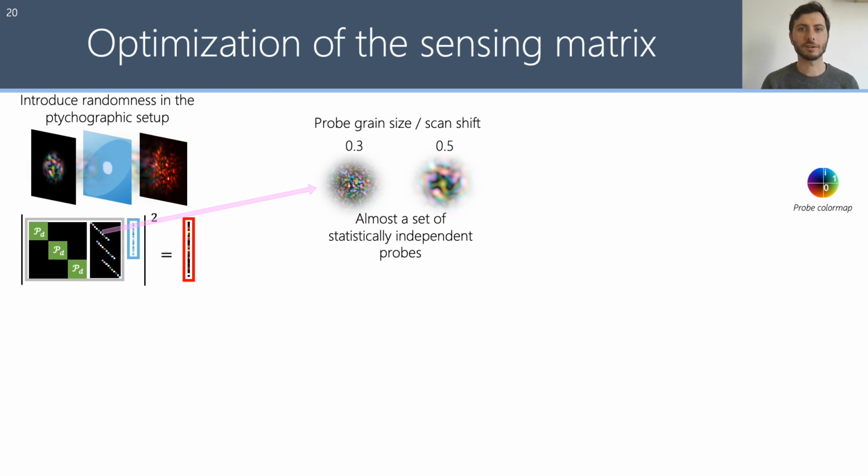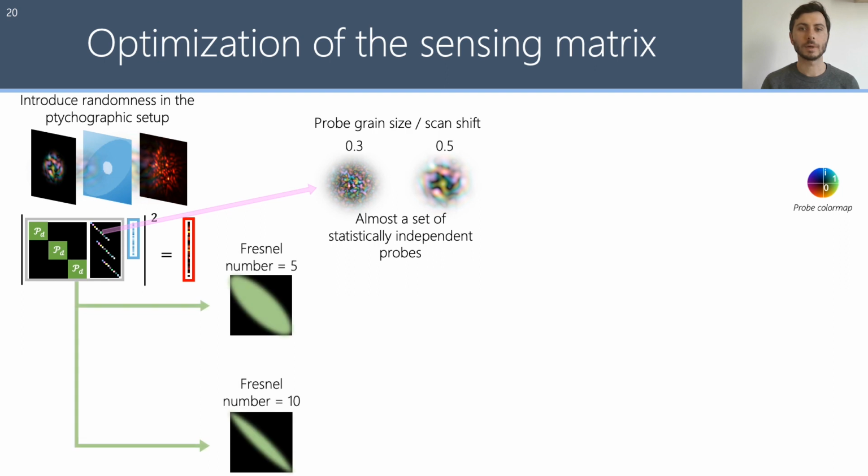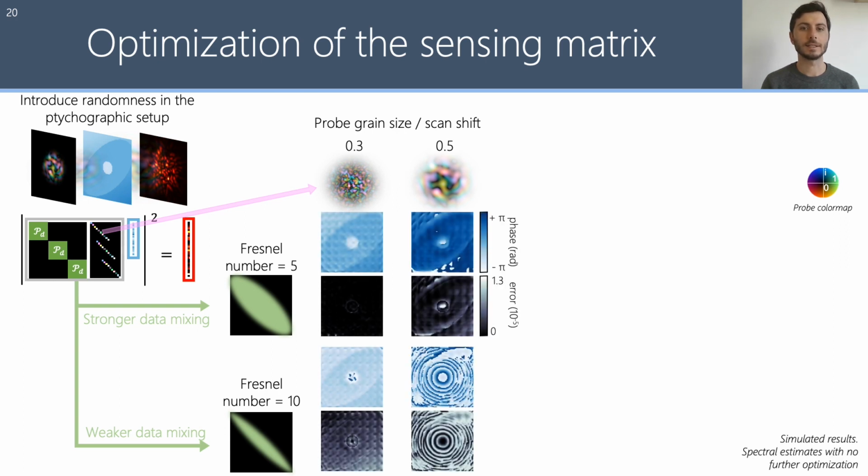Up to now, we have only tuned the spatial distribution of the probe, but we can also act on the diffraction regime in our measurements, characterized by the Fresnel number. In particular, we can predict that the lower the Fresnel number, the stronger is the mixing of the information contained in our phase retrieval problem, making it easier to solve.